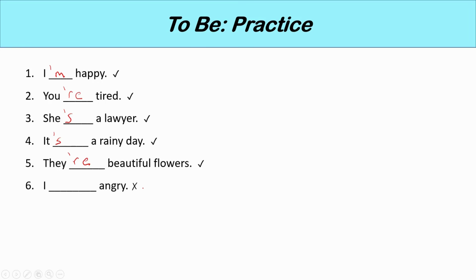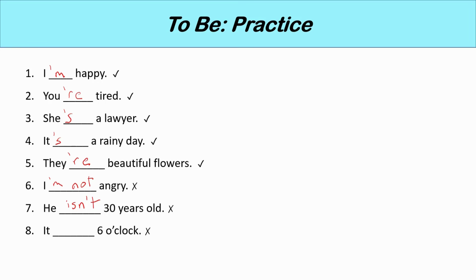Now we're going to answer the next 5 questions in the negative form of the verb to be. I'm angry. I'm not angry or I am not angry. He 30 years old. He isn't 30 years old or he is not 30 years old.